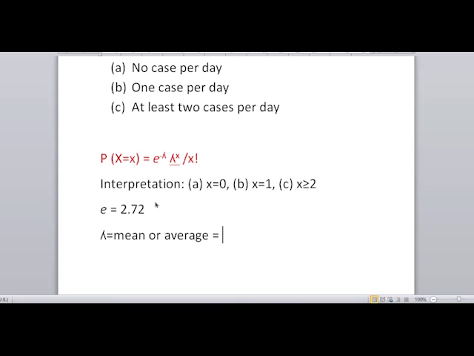So that is your lambda. That is your mean, or that is your average. So your average therefore is equal to 5. If you have all this now, what can stop you from finding the answer? Even if they say Poisson, what can stop you from calculating the answer? Nothing. So you get the formula.